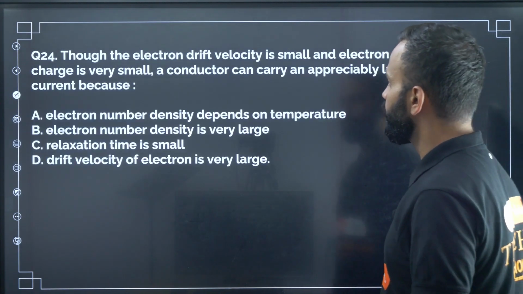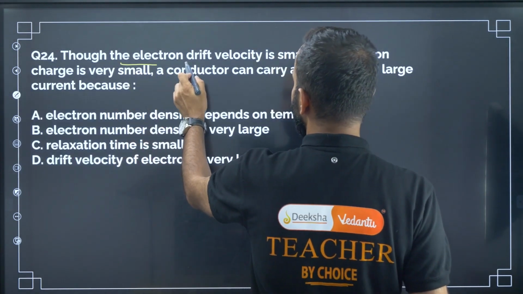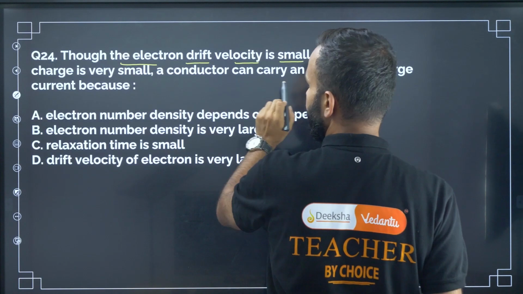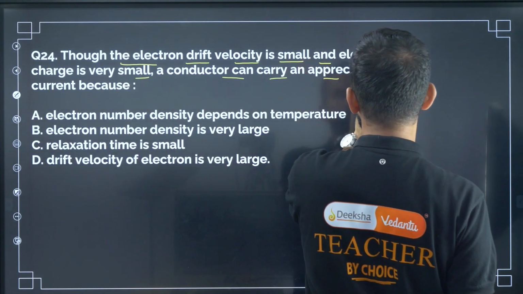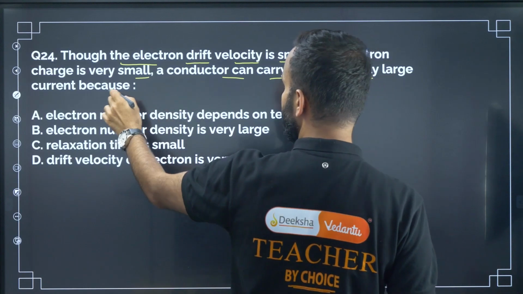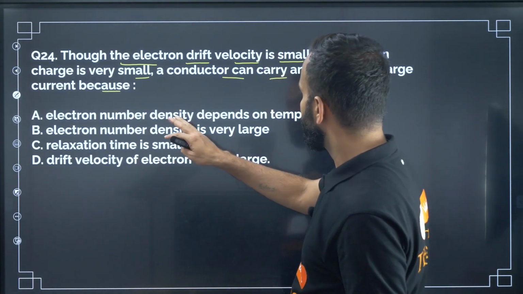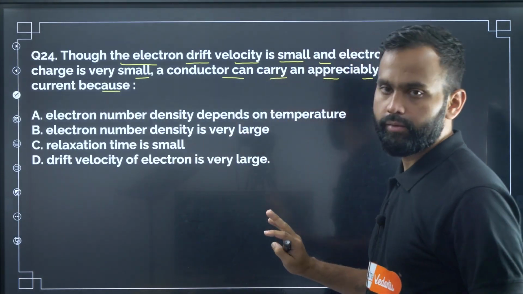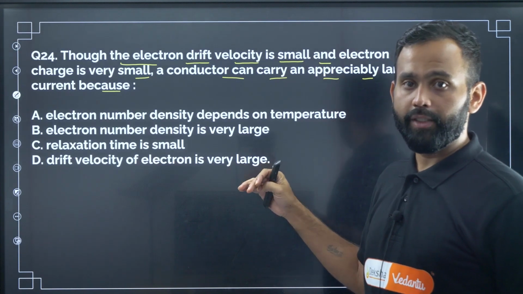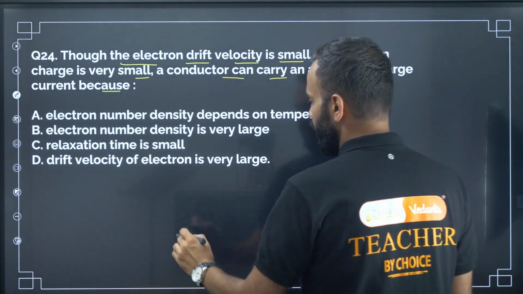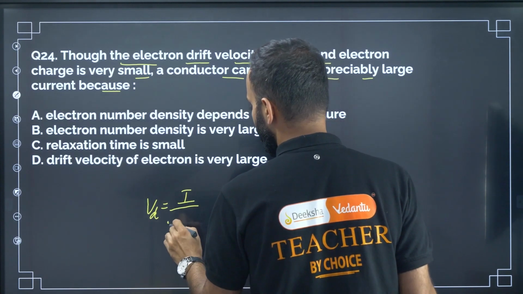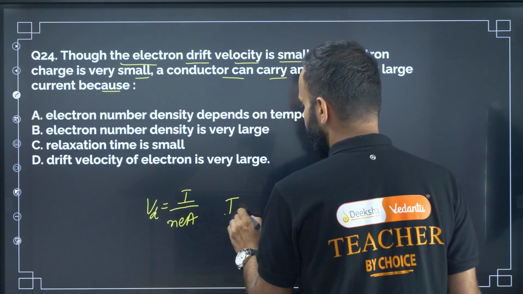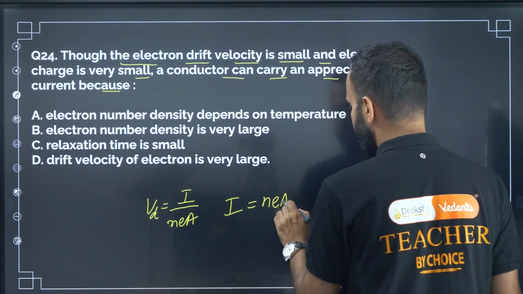Next question, question number 24. Though the electron drift velocity is small and electron charge is very small, a conductor can carry an appreciably large current because... Option A says electron number density depends on the temperature. Wrong. Electron number density depends on the material. We know that drift velocity Vd is equal to I divided by NEA, so the current I equals NEA Vd.